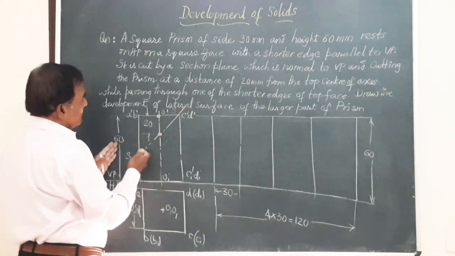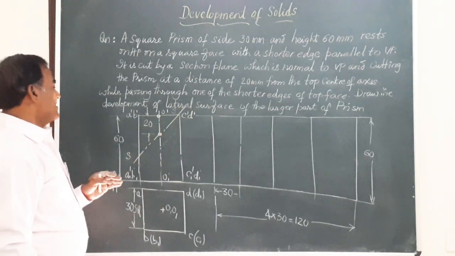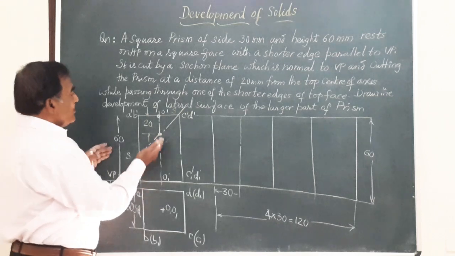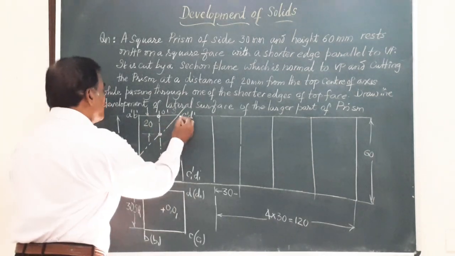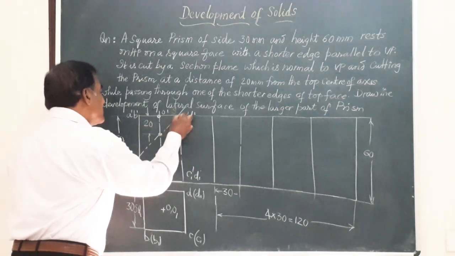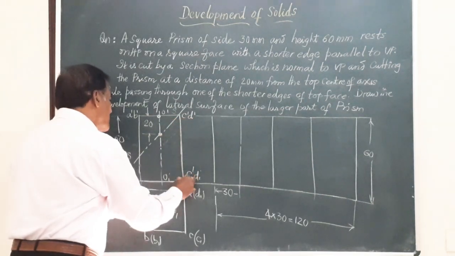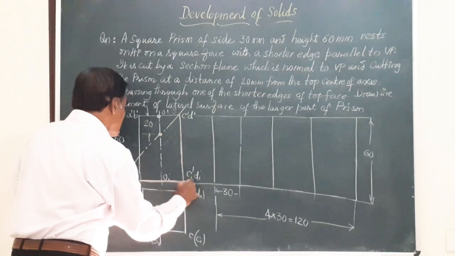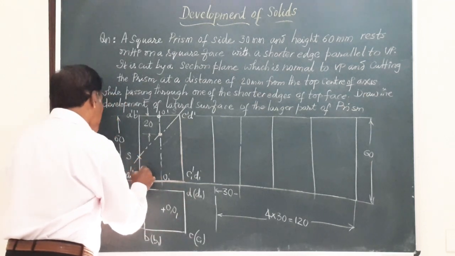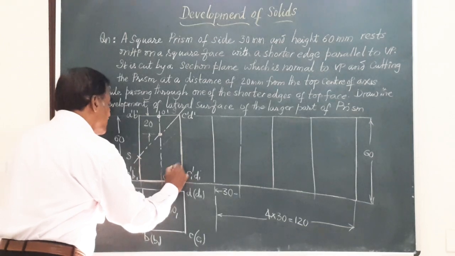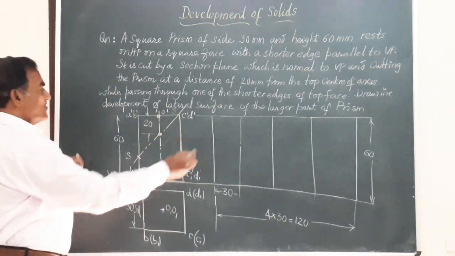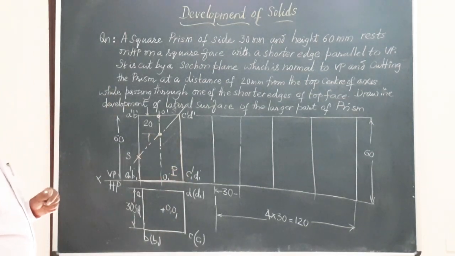After the section plane cuts the solid, you have to remove the smaller part and we want the development of the larger part. Hence, I am going to darken the retained portion for the purpose of drawing the development. So this portion I call P. The portion P is retained for the purpose of drawing the development.